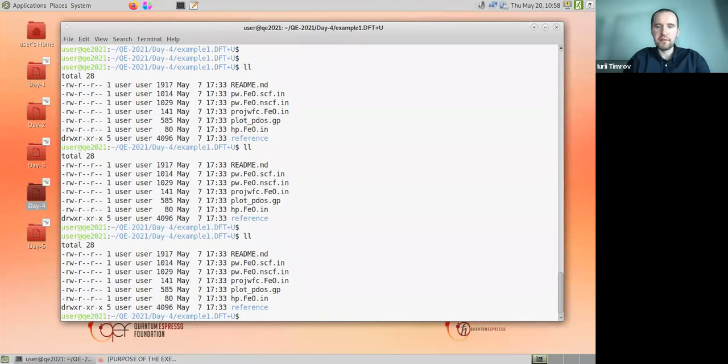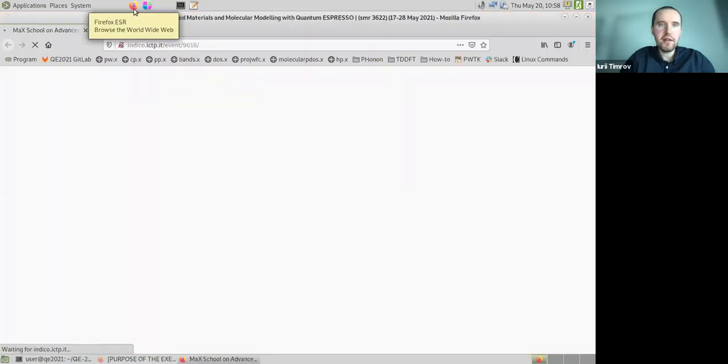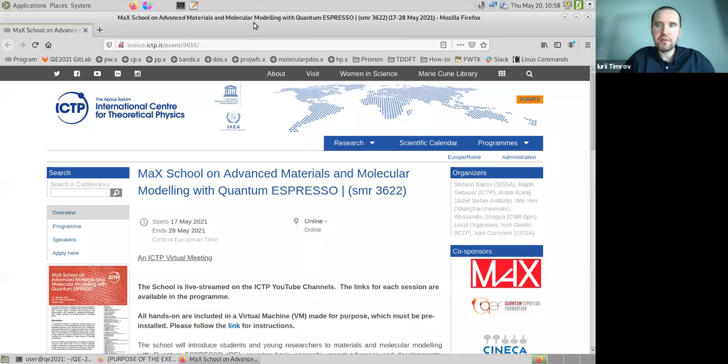Okay, let's use HPC. Now, let me remind you, in case you missed it or forgot, if you click on Mozilla browser, here there is a button called how-to.